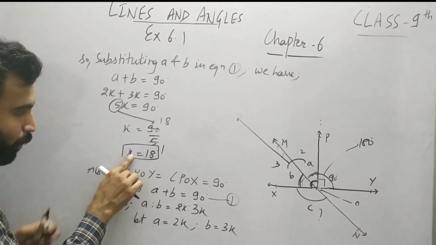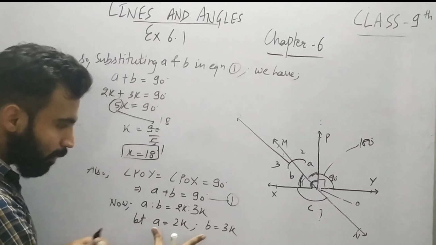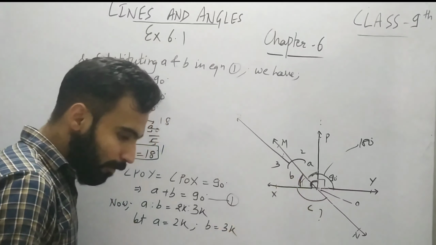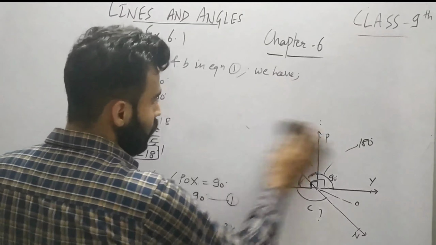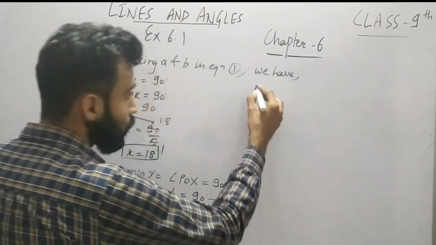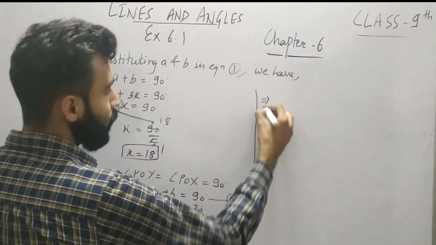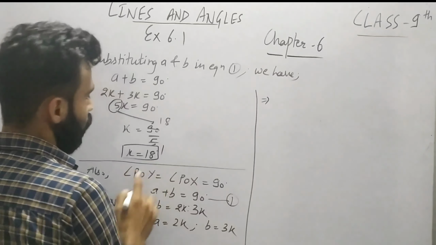If I substitute X as 18 in both A and B, that will give me the angles A and B. Since we have to calculate C, let me move further.